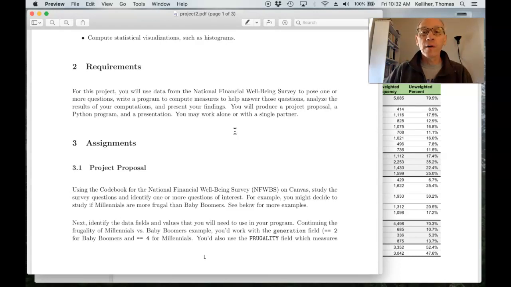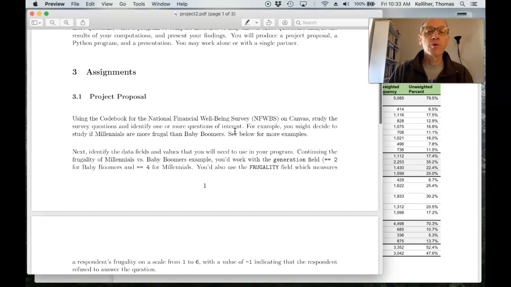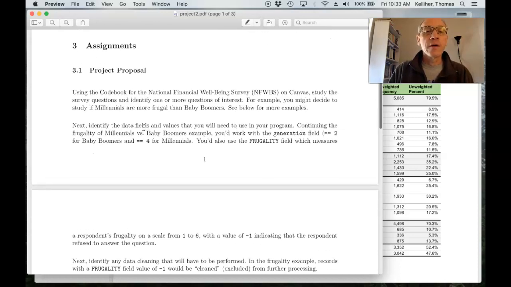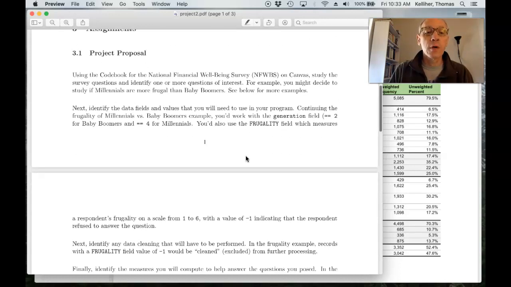If you work with a partner, only one of you needs to submit, but make sure that both names are on the submission. For the proposal, you don't need to use No Machine. You can use Microsoft Word or another word processor that you have available on your laptop. And here's another example. This is similar to what I just walked us all through.